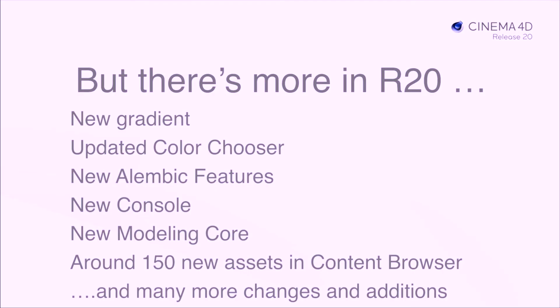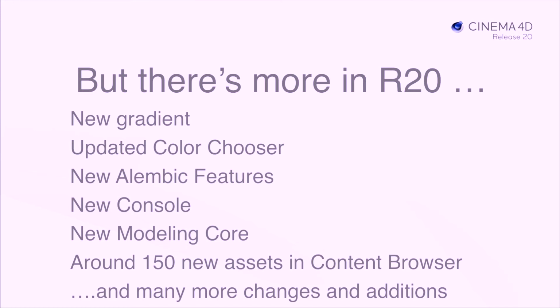And there's more in R20 apart from these things. The new gradient, new interface, new functions, color choosers updated, Alembic features, new console, new modeling core that you won't really see, but it's there, under the hood as preparation for things to come, and they improve stuff, speed and so on in some cases.